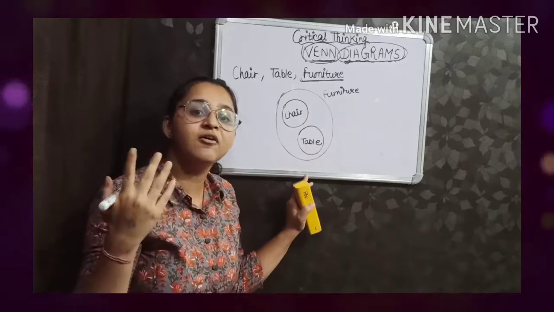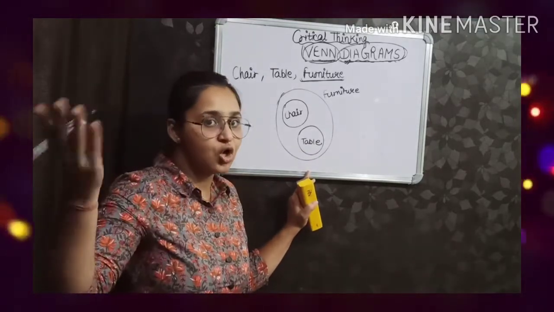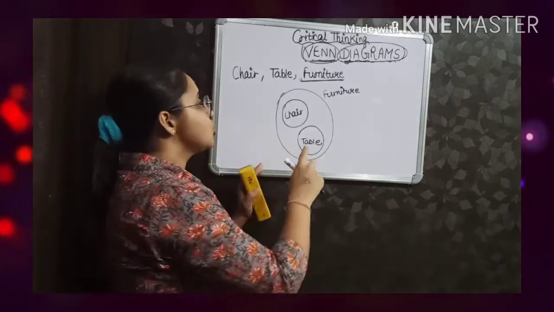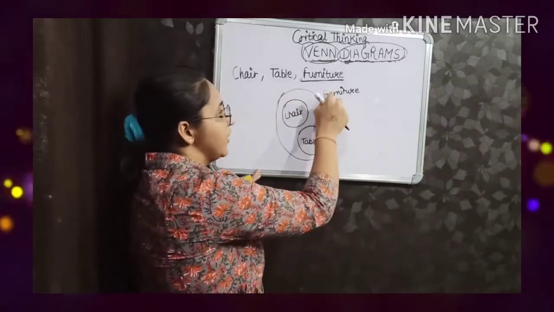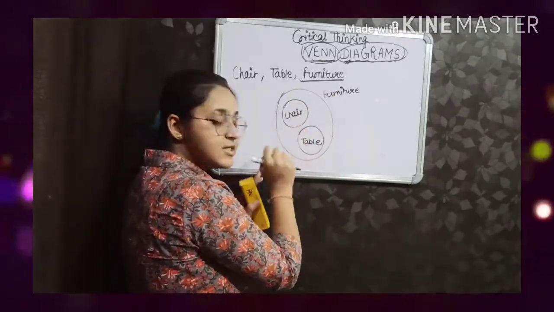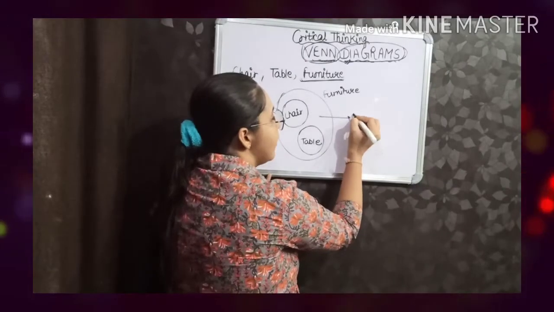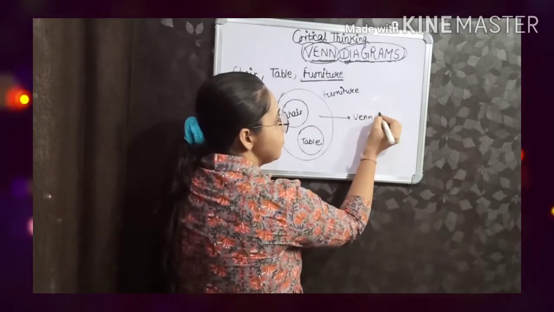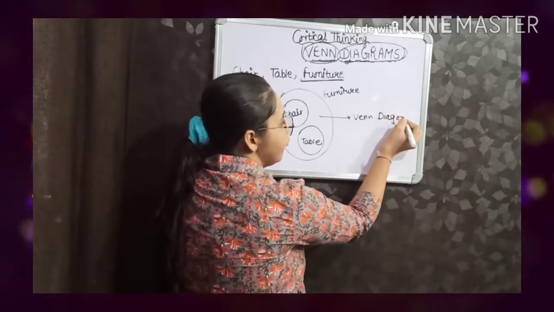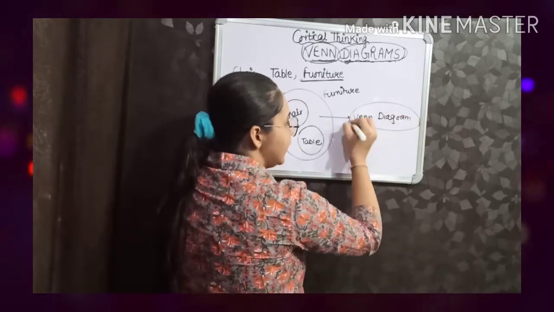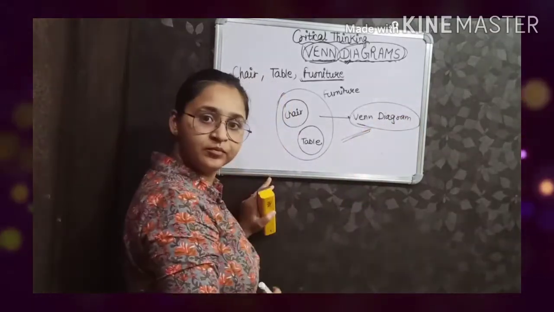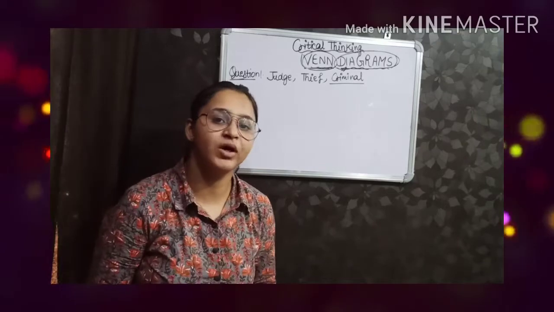Because these are different collections. One does not come under another. So I say this is a circle of furniture, this is chair and this is table. This is the Venn diagram for the above relation.